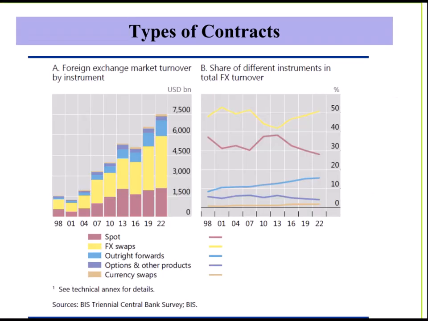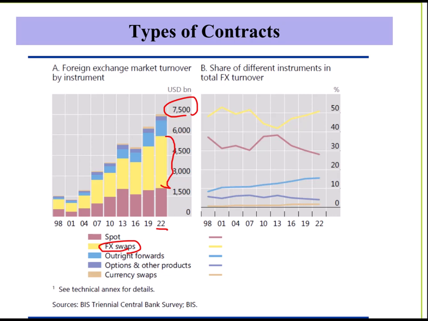Let's take a look at foreign exchange market turnover, trading activity by instrument across different periods. So here 98 means 1998, 01 means 2001, up to 2022. And the yellow one is the FX swap. So as you can see, among $7.5 trillion, approximately 51% of total FX trading activity is FX swap.